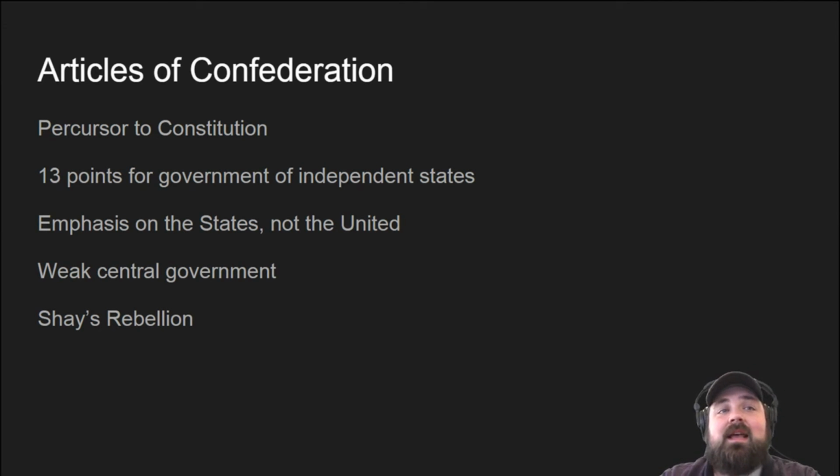Everyone else has to get voted in. Number 12 says that the United States of America under the Articles will pay all the debts that Congress had before the Articles showed up. And Article 13 says that it can only be altered with the approval of Congress and the ratification of all state legislatures. So that's how they were going to change it.